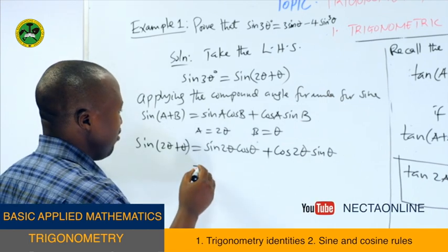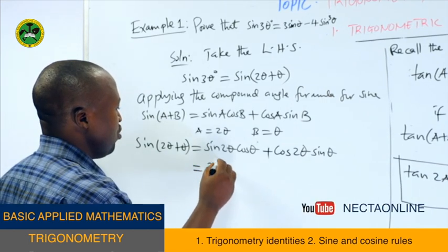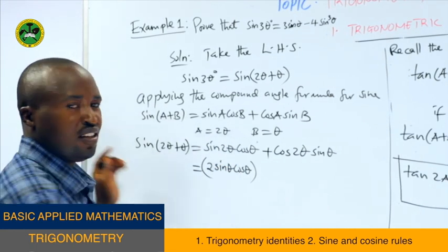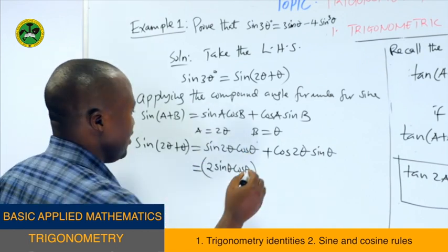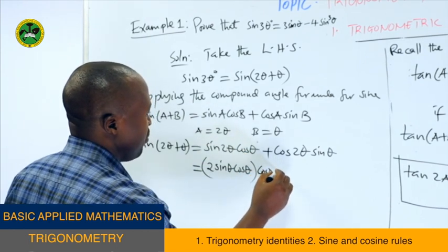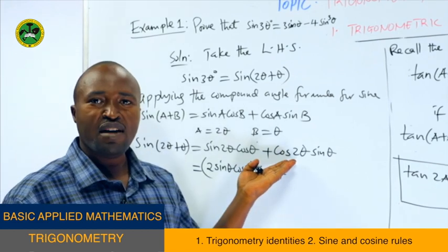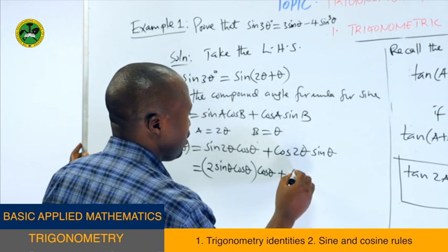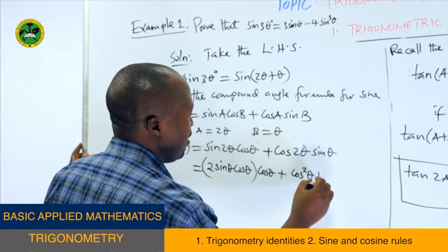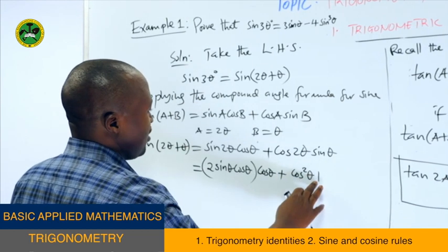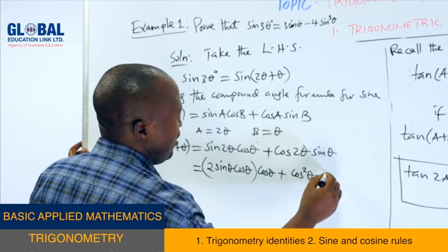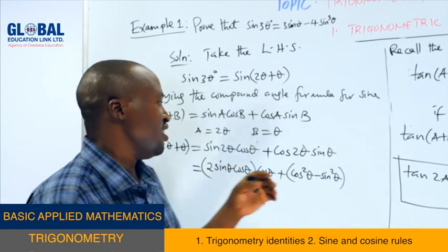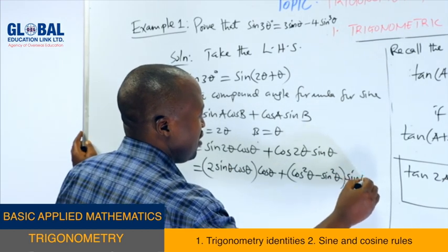So here we are going to have 2 sine theta cos theta, bracket, followed by cos theta, plus, remember the double angle formula for cosine, that is cos squared theta minus sine squared theta. Then the last identity here is sine theta.